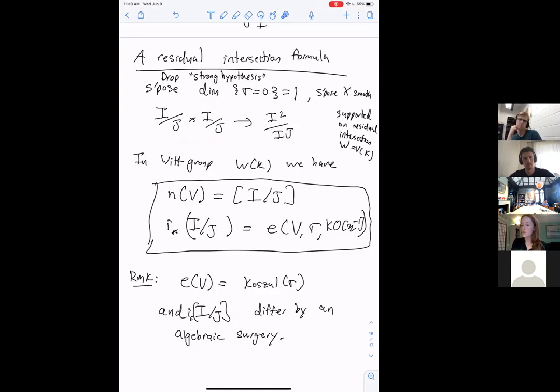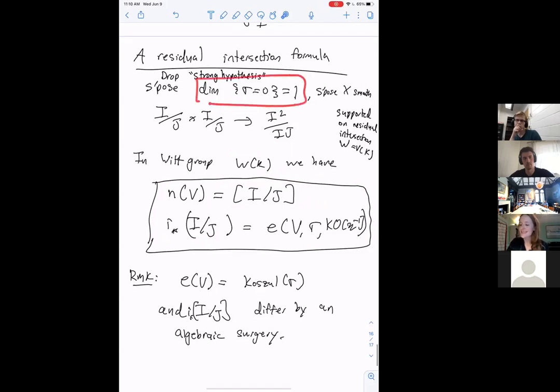So we don't have to know what it would be on the Z piece if we just compute in W of K. That's a way to get around having a guess as to the piece coming from I. And if you drop this, we don't have a guess. Oh, okay, thank you. Yeah.